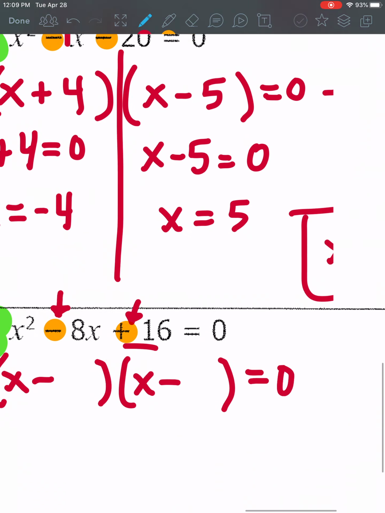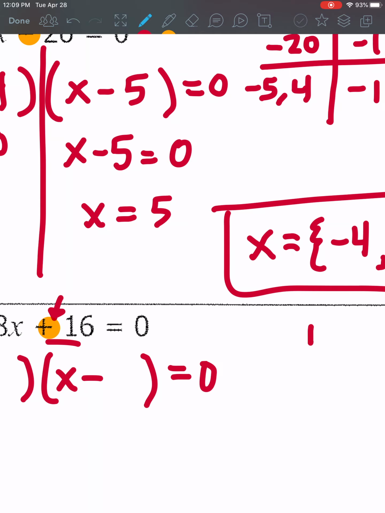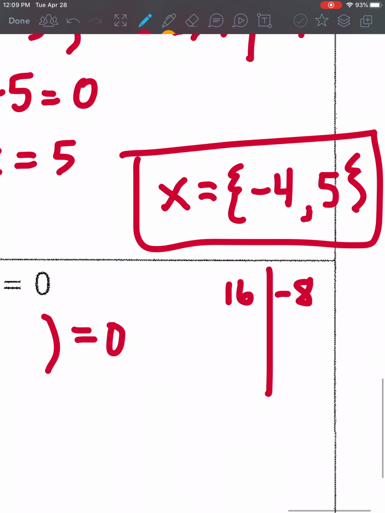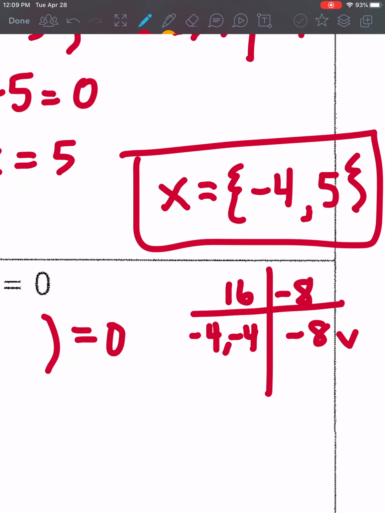So they're both negative this time. What multiplies to +16, but adds to -8? Let's think. 8 and 2 aren't going to work. 4 and 4, so -4 times -4, they multiply to +16, and they add to -8, so that works.